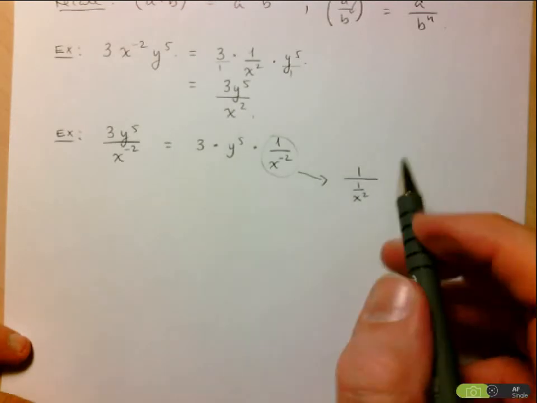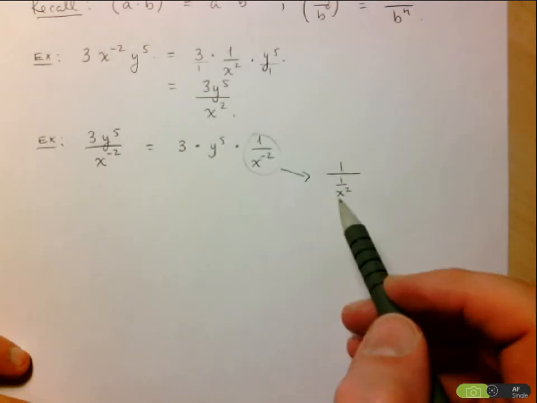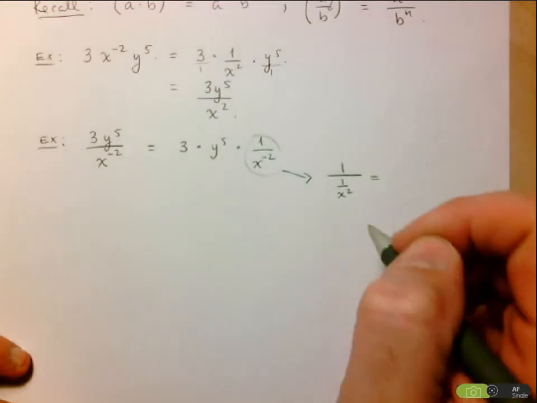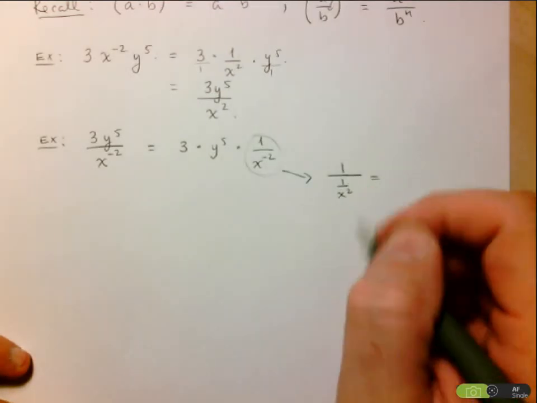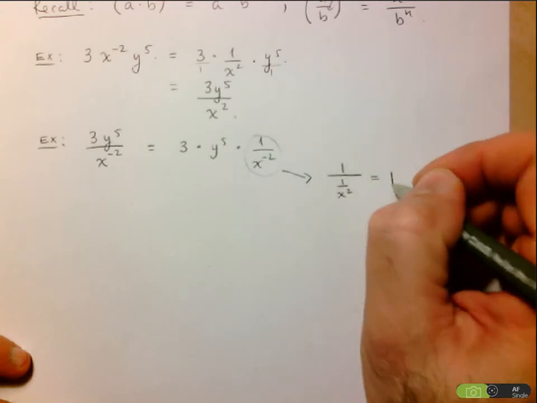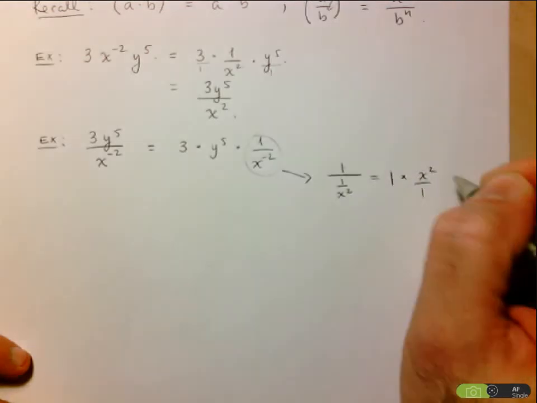And this is where we remember one of our basic arithmetic operations, division of fractions. Remember that dividing by a fraction is done by multiplying by the reciprocal. So if I'm dividing 1 by 1 over x squared, that's equivalent to multiplying 1 by x squared over 1.